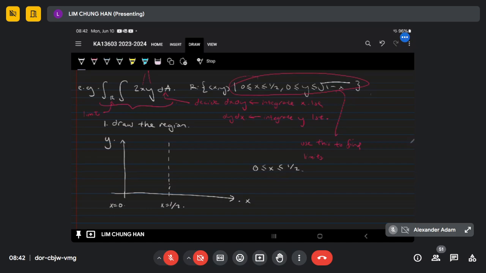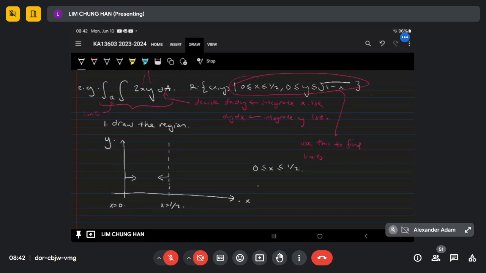What that means is, you draw x is 0 and x equals to half. Do you get this? Okay, you get this.